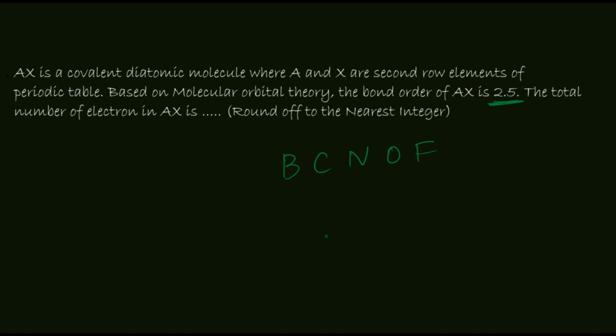Those are the elements in the second row which can form a diatomic molecule. Out of this, it is forming AX, and both the atoms are different.